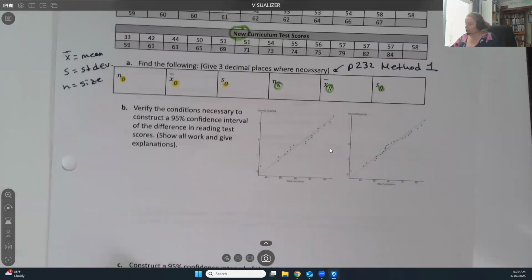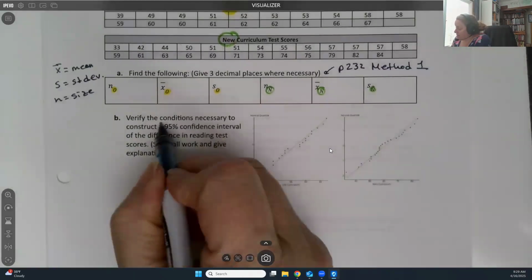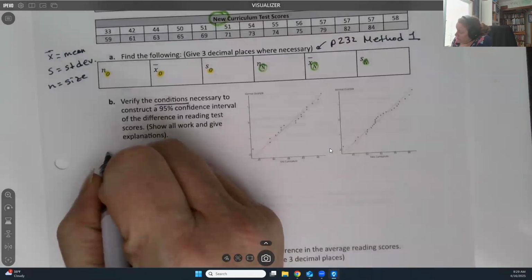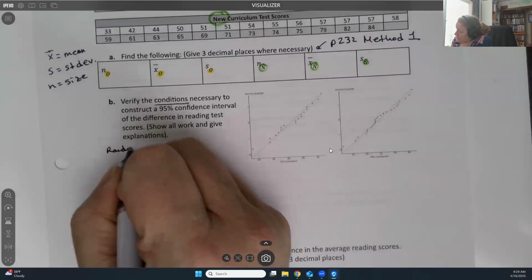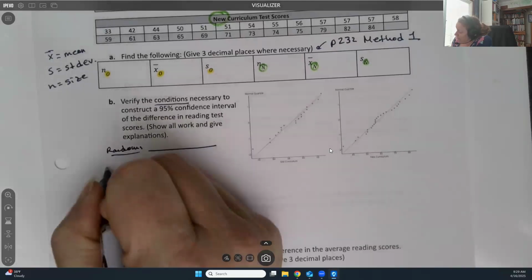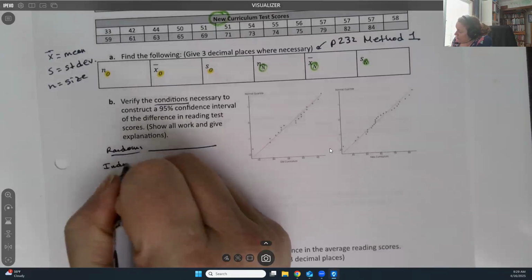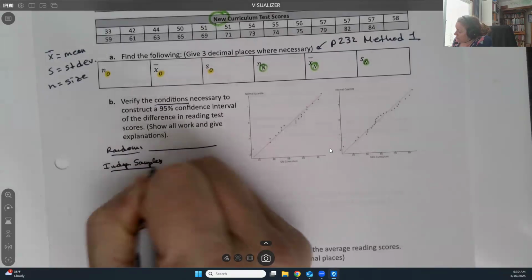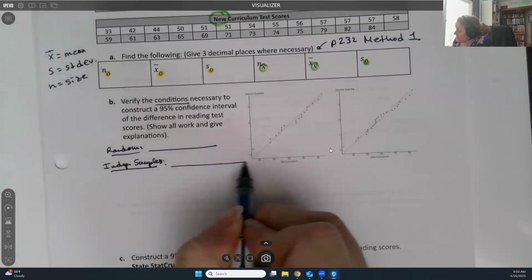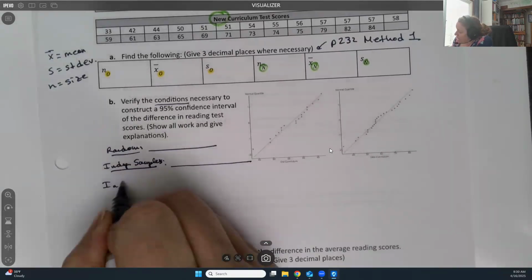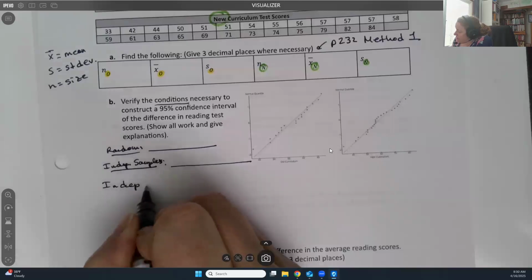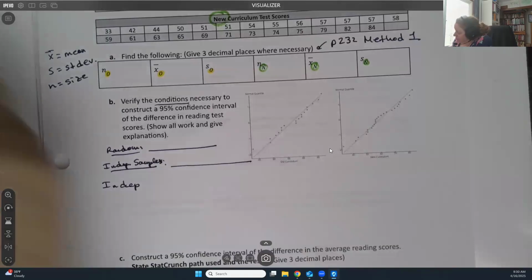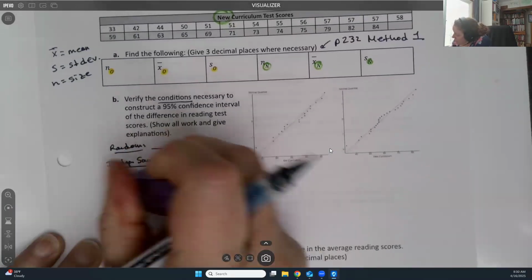And then down here, you're going to verify requirements. You know what that means: random, independent, normal. So this is going to be random. You're going to have to squeeze them in here. And then independent samples, which is its own thing. Then independent of population. I'm just worried I didn't get enough space for independent samples.